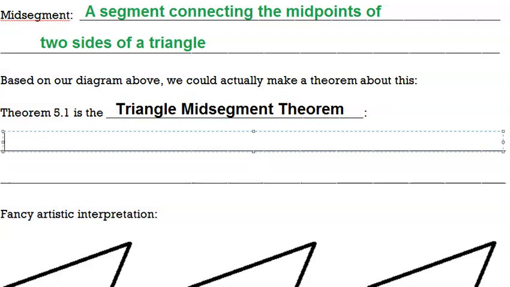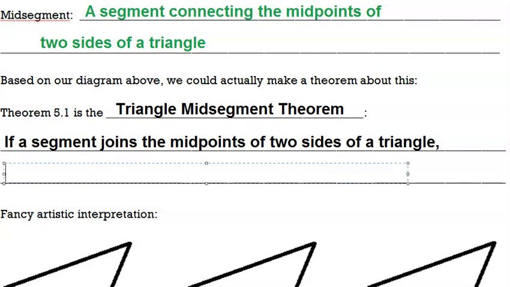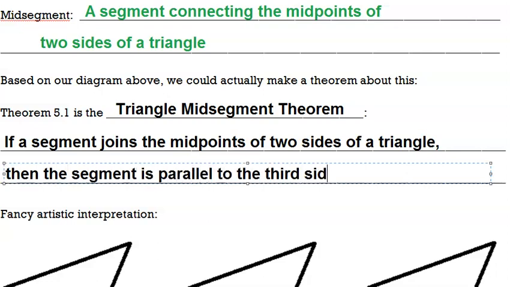So the triangle midsegment theorem says if a segment joins the midpoints of two sides of a triangle, that would be a midsegment in case you haven't picked up on that, then the segment is parallel to the third side, which we already marked, and half as long.